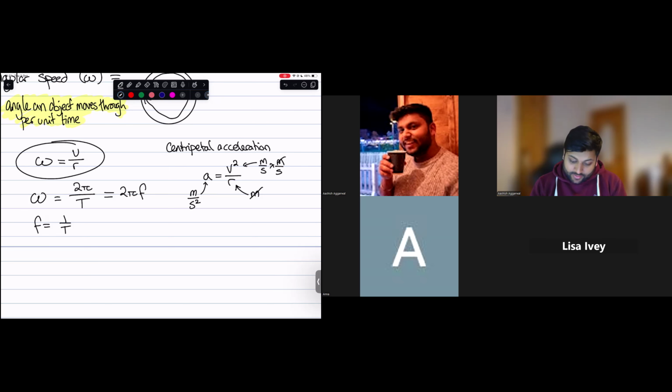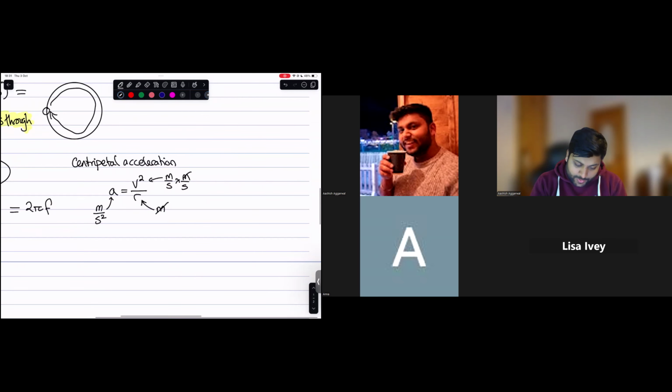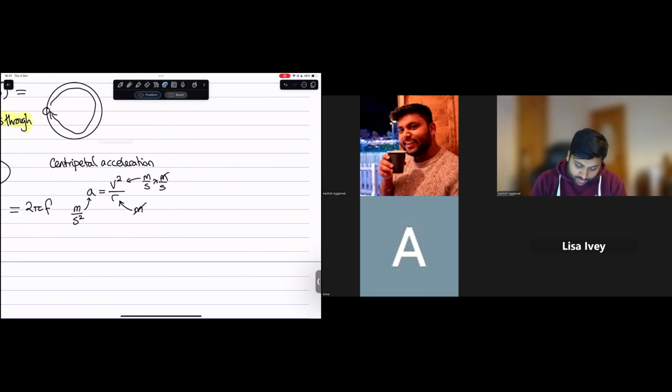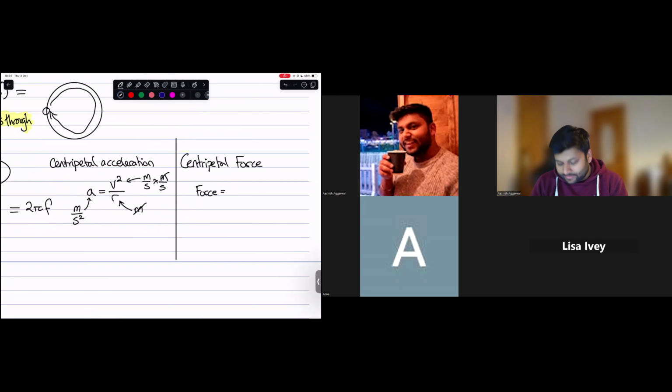Cool. And that's centripetal acceleration. We talked about centripetal force. So can you think of an equation that combines force and acceleration? F equals ma. Yeah, perfect. So centripetal force then. The force equals mass, which is still going to be the mass of whatever you're talking about.